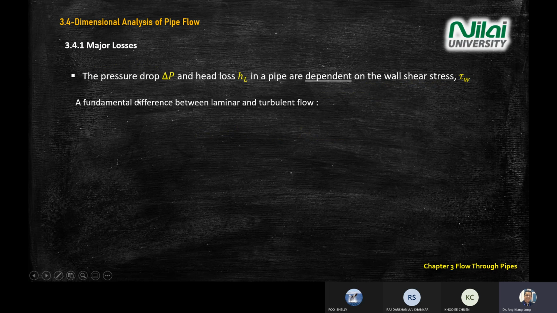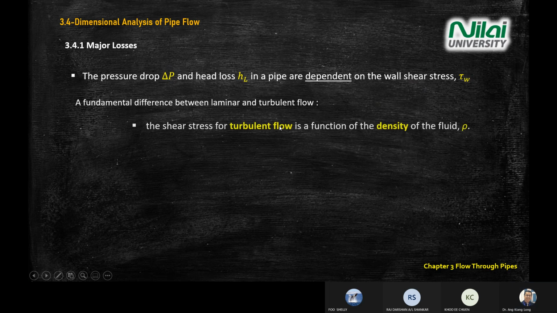So major loss, we learned about the drop of pressure previously. The delta P and the wall shear stress. So we learned about the parameters previously, delta P, HL, and wall shear stress. So just to recap, you can calculate the shear stress as a function of density.